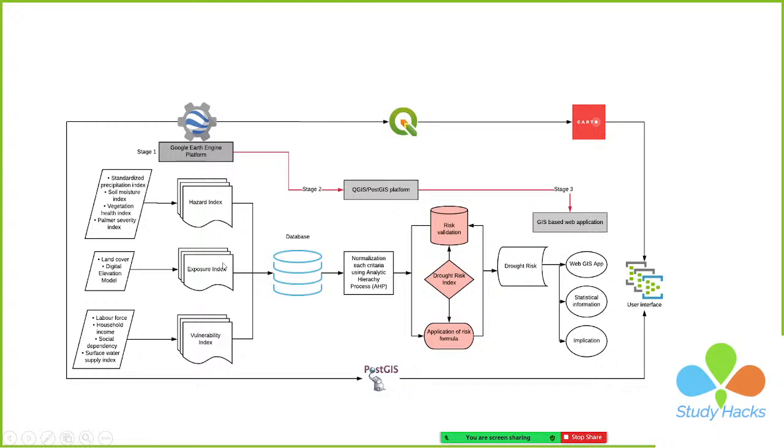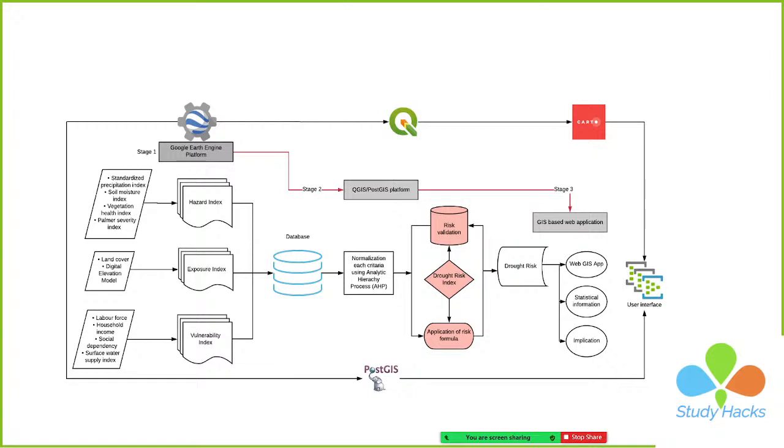Then you can see the exposure index. For the exposure index, we use the land cover classification, as well as the elevation model. For the vulnerability index, we use labor force, household income, and social data. Actually, this is the social part. Combining the three indices, the hazard index, exposure index, and vulnerability index, we can determine the drought risk index.